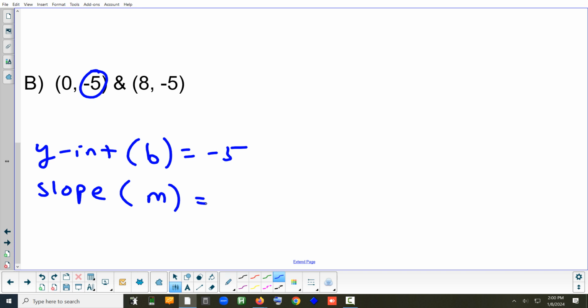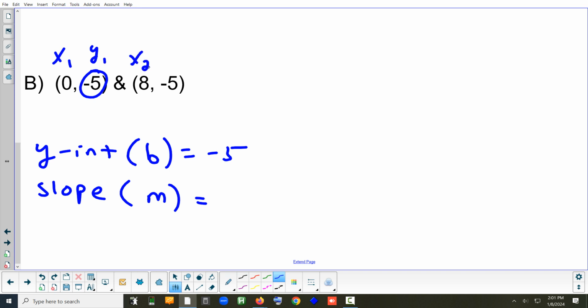And now let's label these so we can fill them into our formula. What's the 0? Zero is x1. All right. How about the -5? Y1. Okay, that's y1. What about the 8? X2.